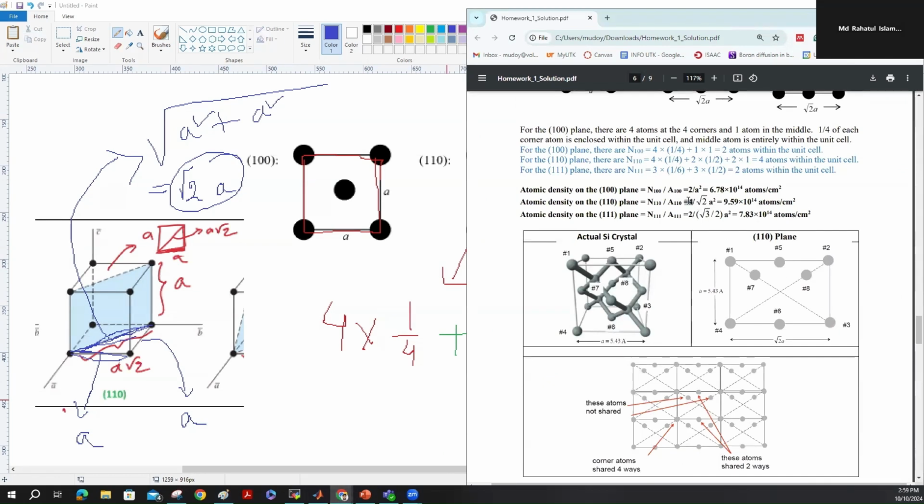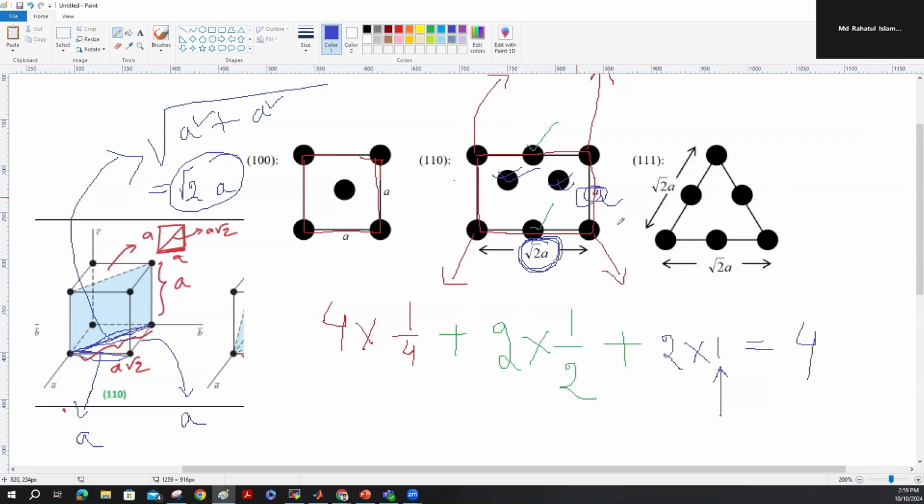The number of atoms in this 110 plane was 4 and the area was root 2 A square. You put A equal to 5.43 angstrom and you will get the result. Then let's move to the third plane, which is the 111 plane.